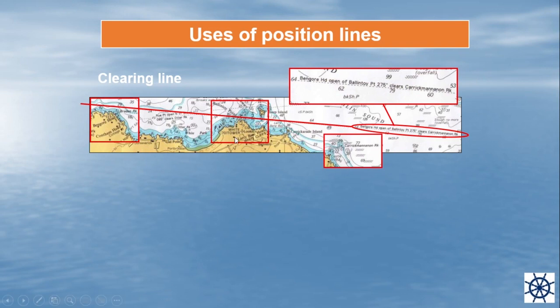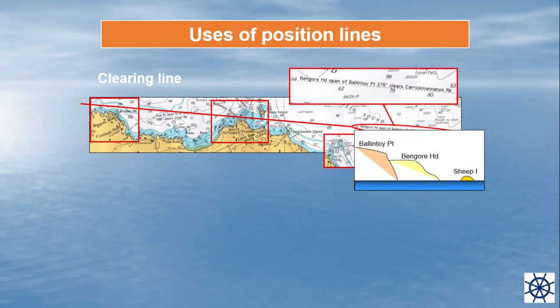Itong dalawang isla na yan, once you have a bearing of 275, nakita mo, nasilip mo sila, the Karik Mananon Rock is clear. That is a clearing line. Balingtoy Point.